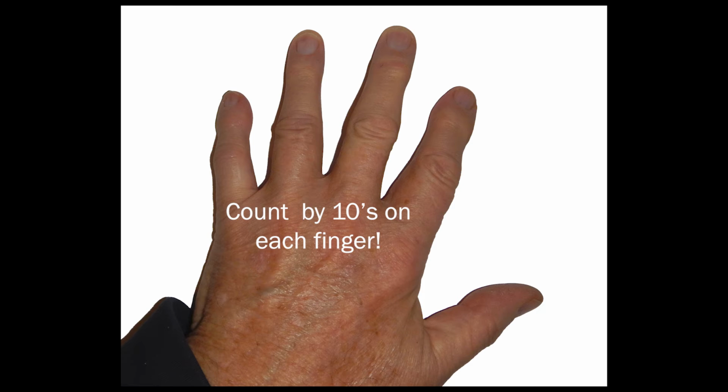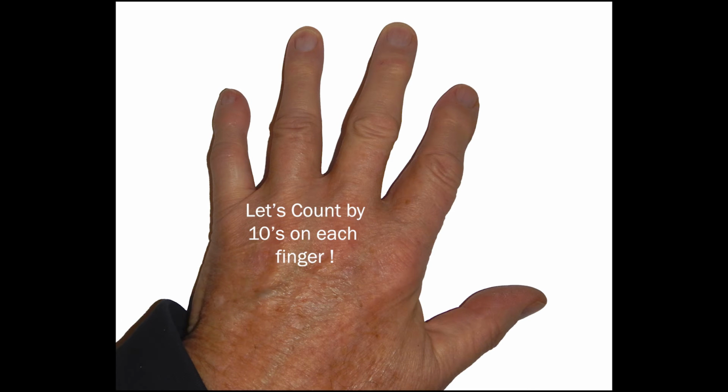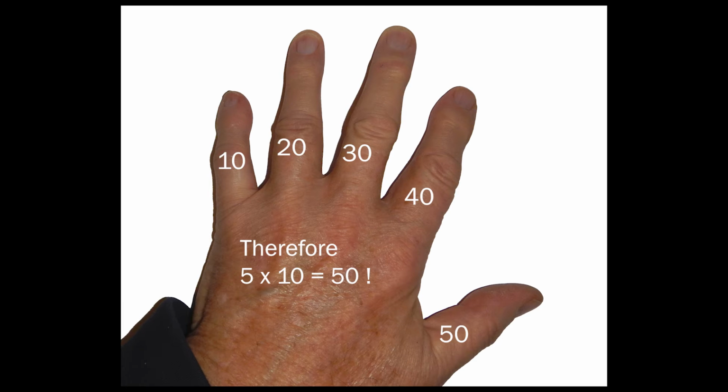I want you to count by tens on each finger. Therefore, 5 times 10 equals, what did you get? Check your work. Let's count by tens. 10, 20, 30, 40, 50. Therefore, 5 times 10 equals 50.